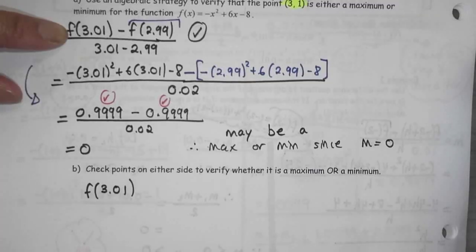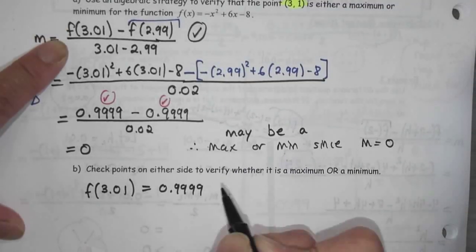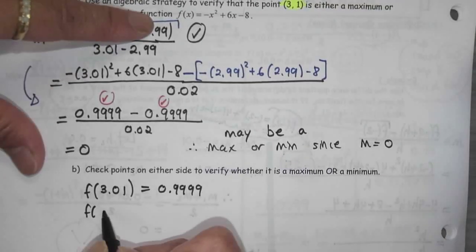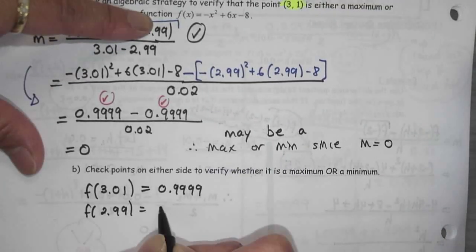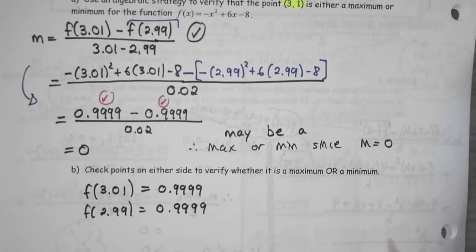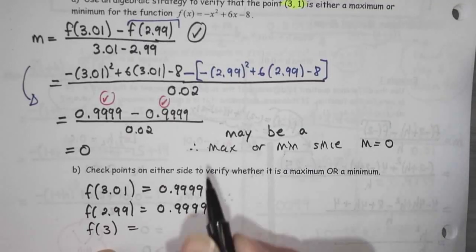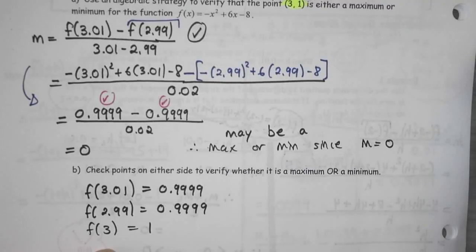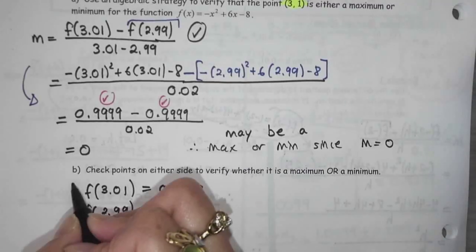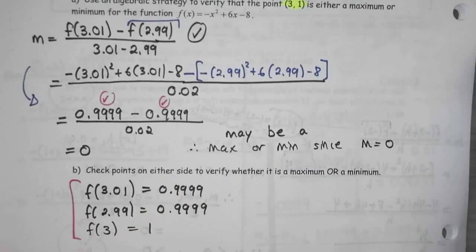So I have it here, equals 0.9999, right? And then F at 2.99 is also 0.9999, right? You could also just say that F at 3, I know, is at 1. So all of this information is really important.